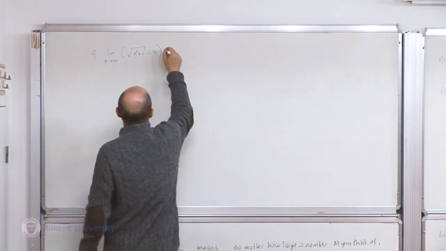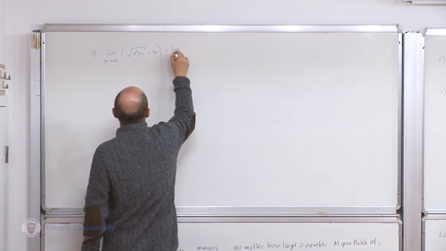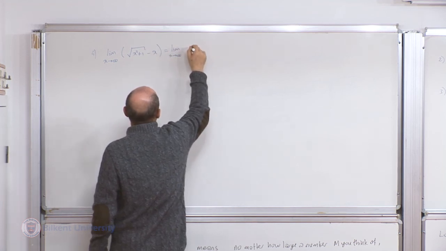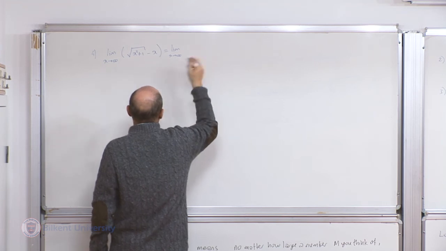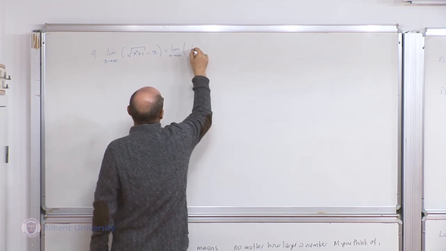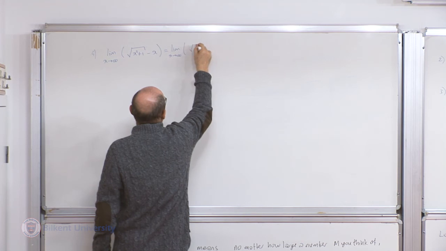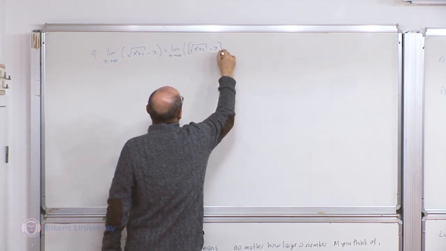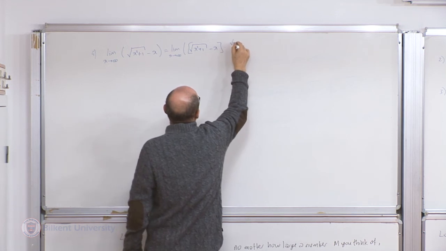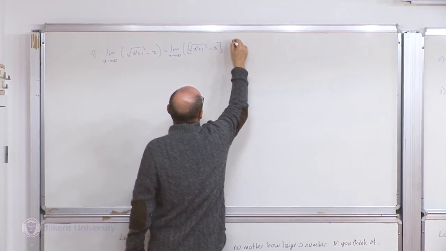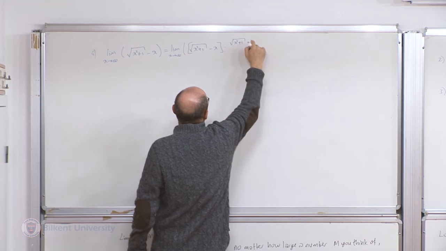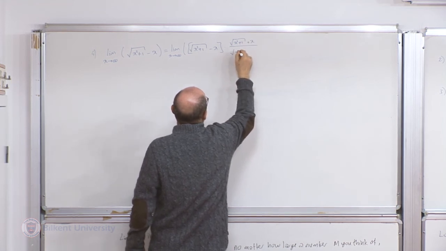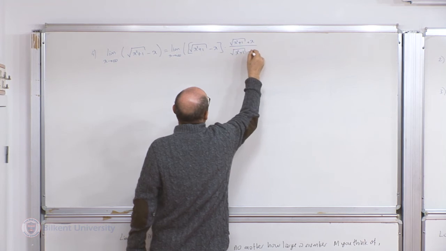Let us not be lazy. I multiply this by 1, but I choose 1 to be square root of x squared plus 1 plus x over square root of x squared plus 1 plus x.